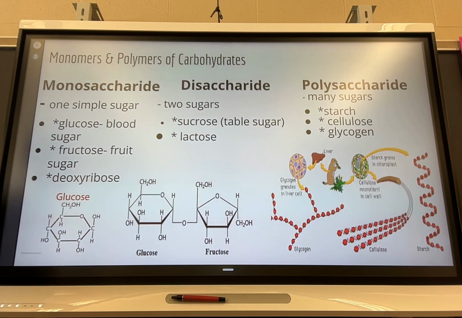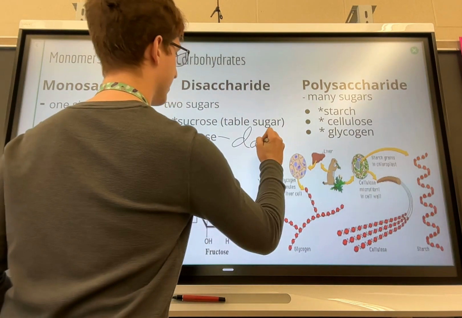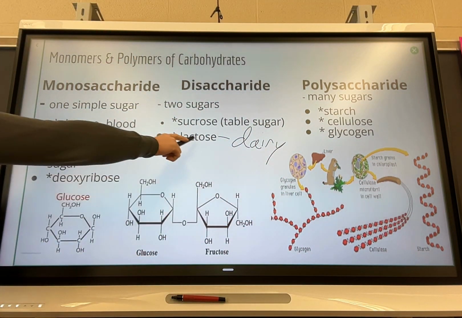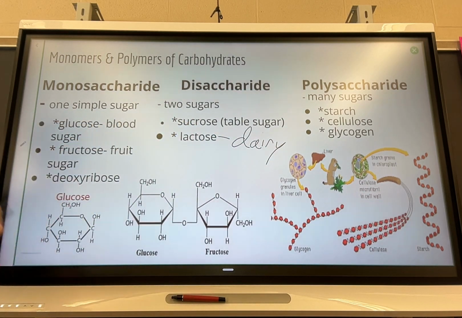Disaccharides means 2 sugars. A couple examples, sucrose or table sugar, and lactose. Lactose we find in dairy. You've probably heard the term lactose intolerance. Lactose intolerance relates to the inability to break lactose into its 2 monomers, I believe glucose and galactose.